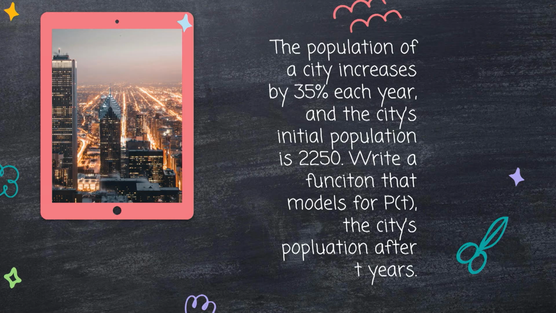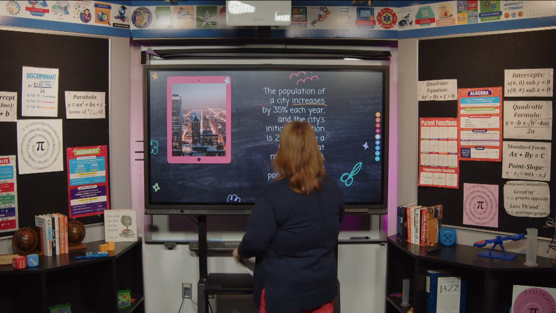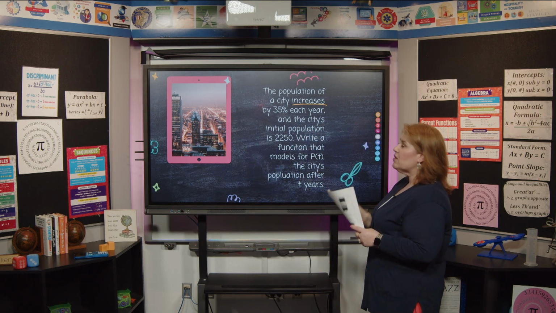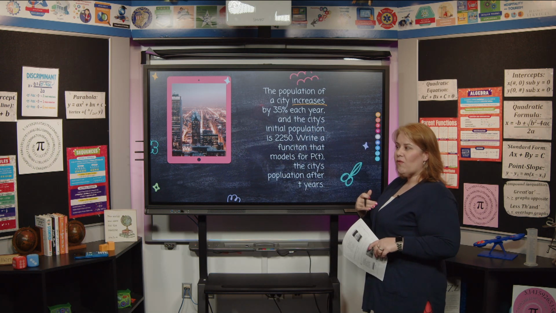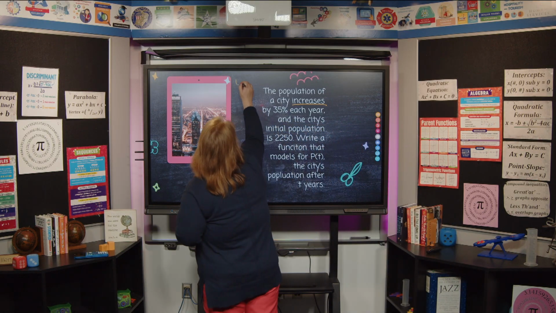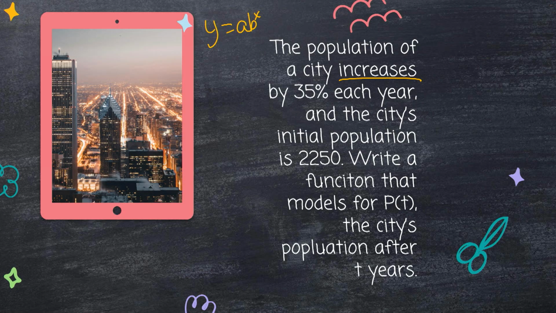All right, so we've got the city, and we're increasing, so it already tells us we're increasing by 35%. So what would this look like? First, I'm going to remind myself what an exponential function looks like by writing this: y equals a times b to the x. So I've got y equals. Now, my initial amount is where I start something.